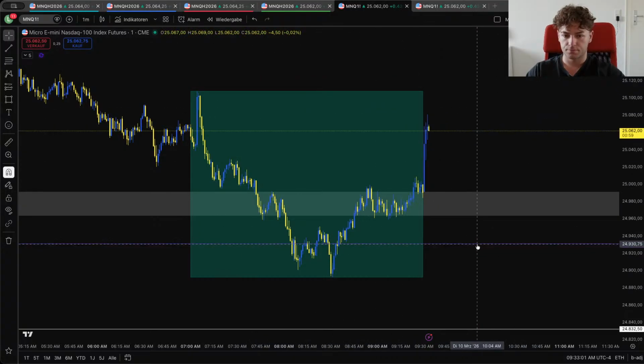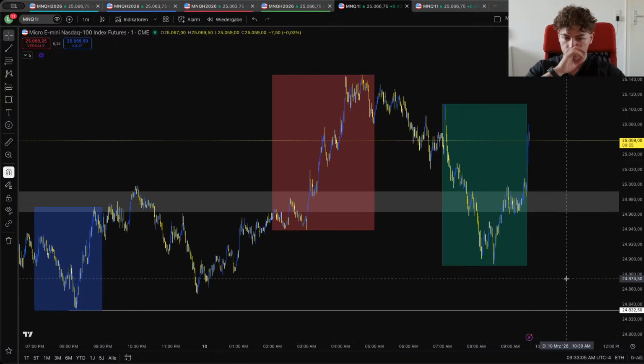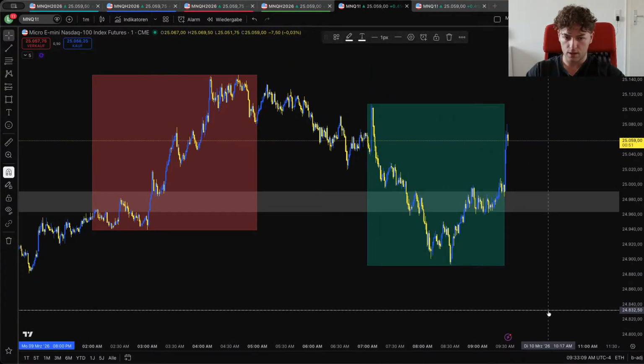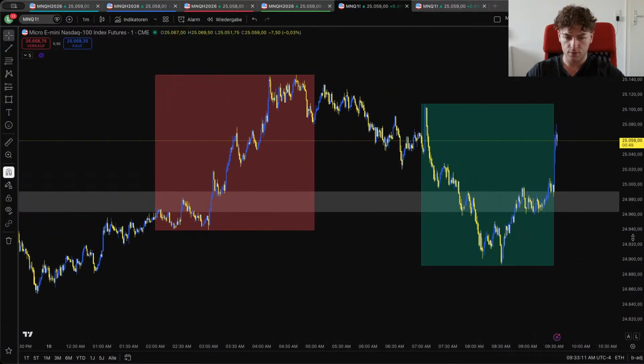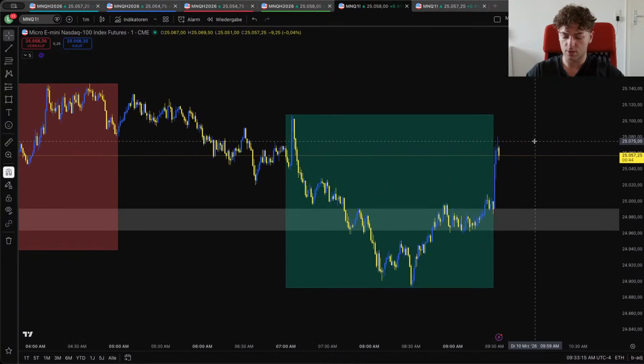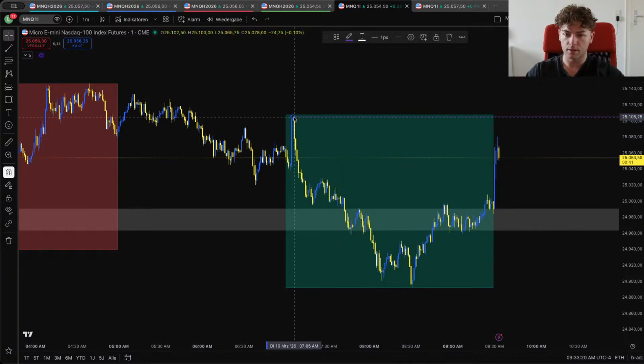So let me delete this Asia low right here and just focus on the intraday or intra-session liquidity pool. So we have this pre-market high.